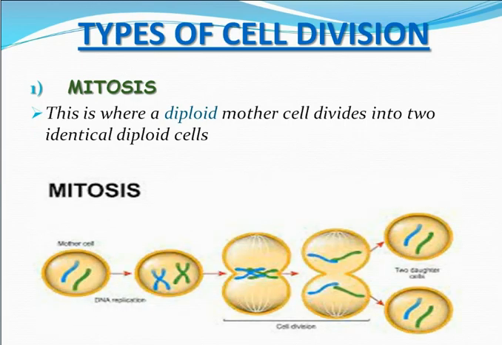So mitosis is where a diploid mother cell divides into two identical diploid cells. The cells which are formed are always identical. They are always looking alike, and they are diploid. Even the mother is also diploid. Diploid means that it has two sets of chromosomes.